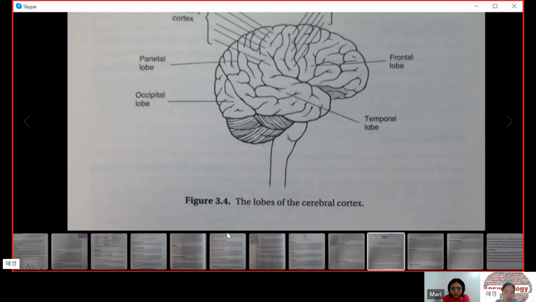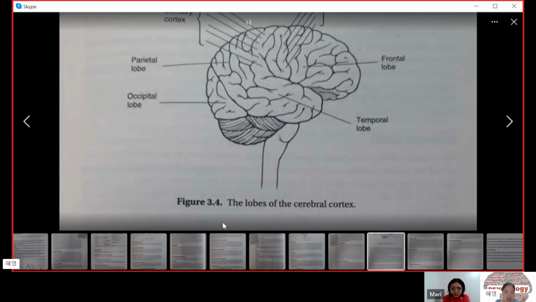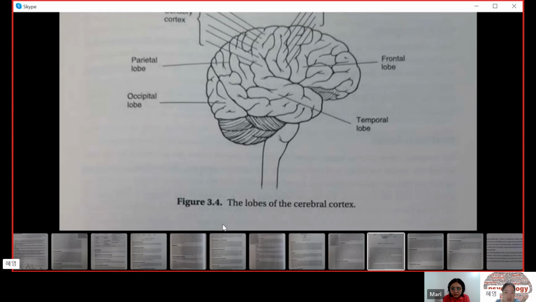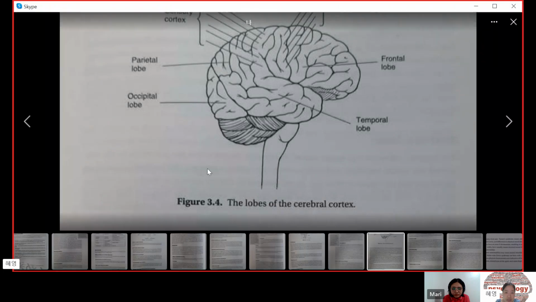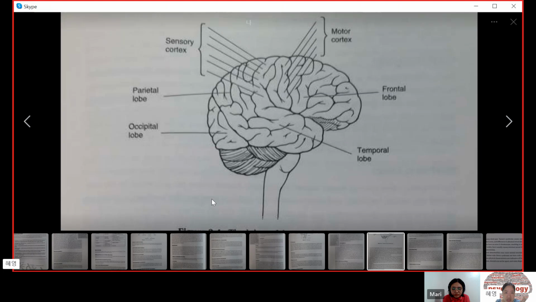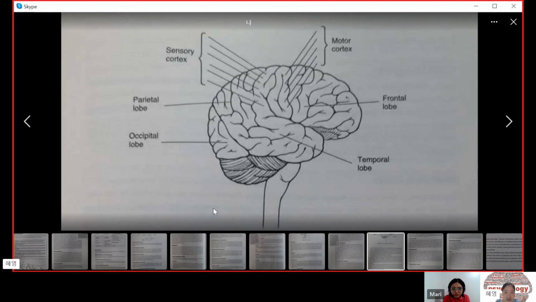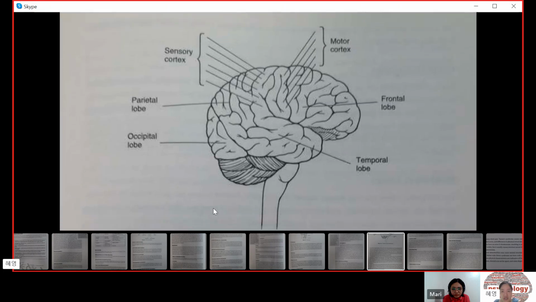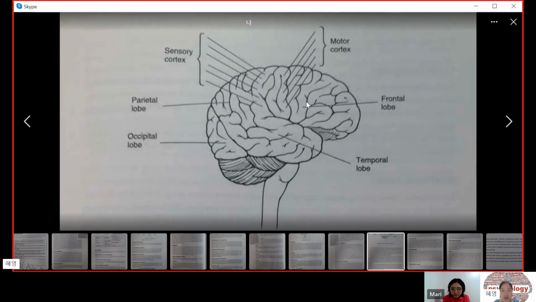So these are the lobes of the cerebral cortex. Here, this is the frontal lobe. There is the eye here, on this side, and the frontal lobe is behind the eye.